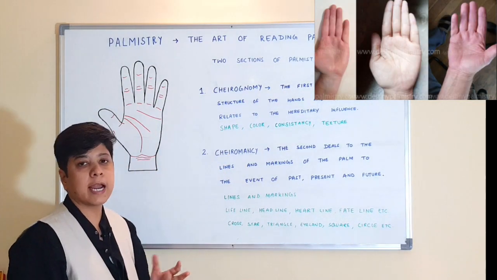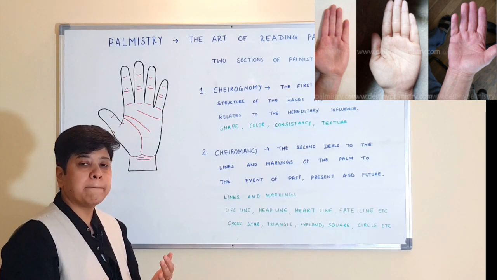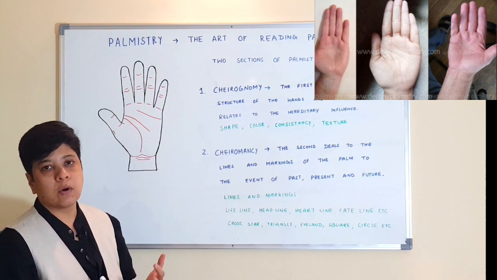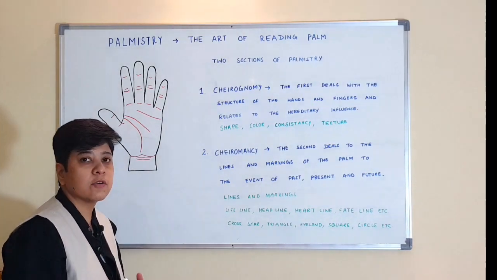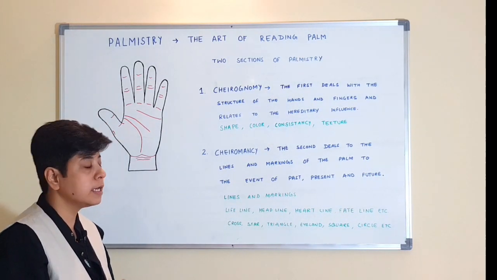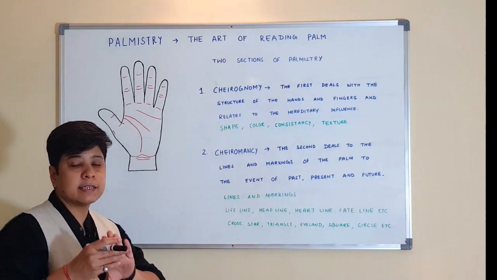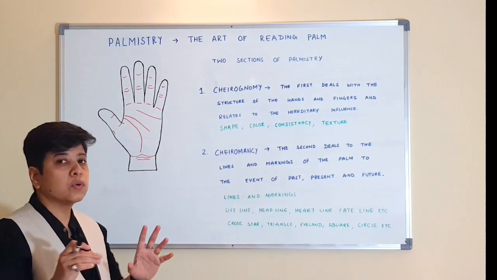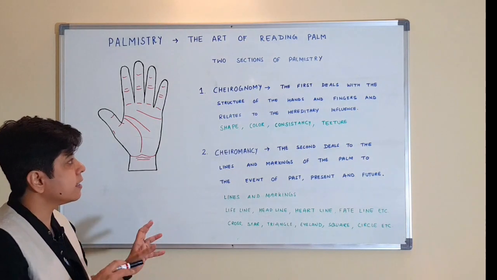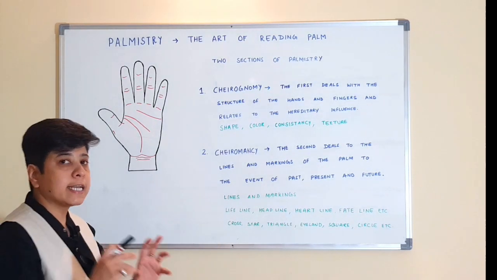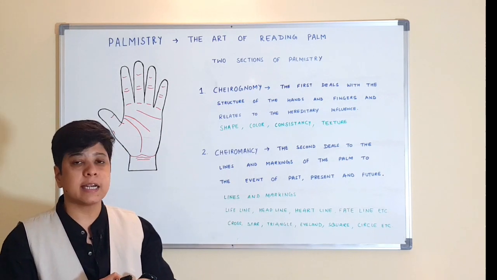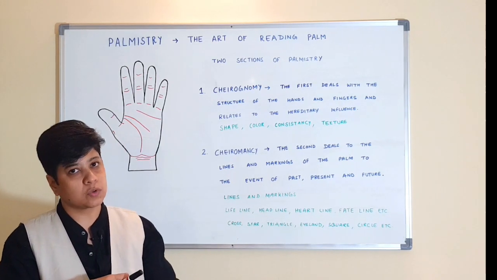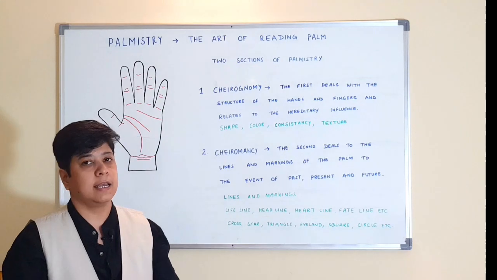Is it pink, red or blue, something like that? Then comes the consistency of the hand, that is, what type of hand it is, flexible or hard. Then comes the texture of the hand. You have to see what type of skin it is. Is it hard, soft or silky?